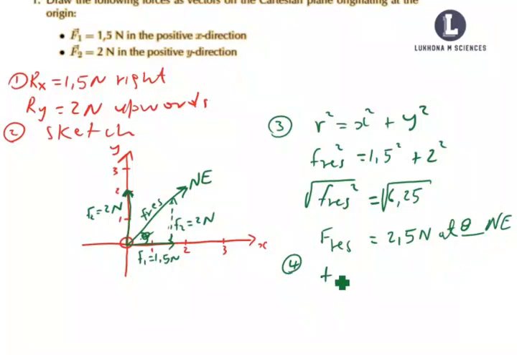Tan theta is opposite over adjacent. So tan theta is the opposite, this is theta, this is opposite to theta, which means it's 2 over the adjacent, this one, 1,5.